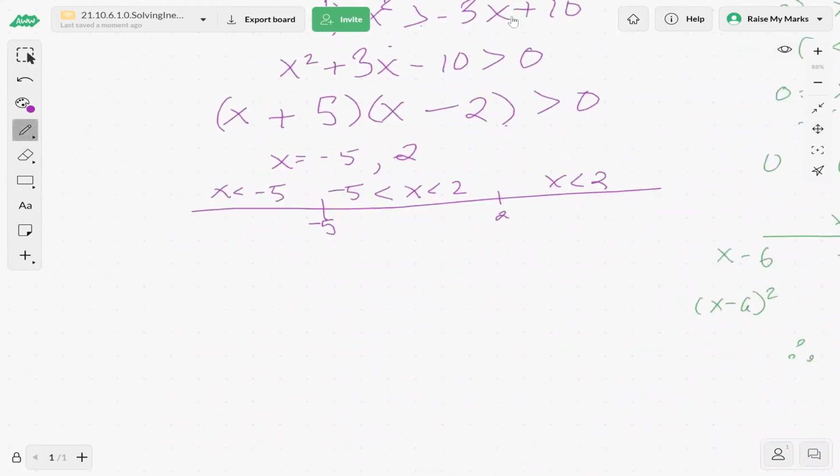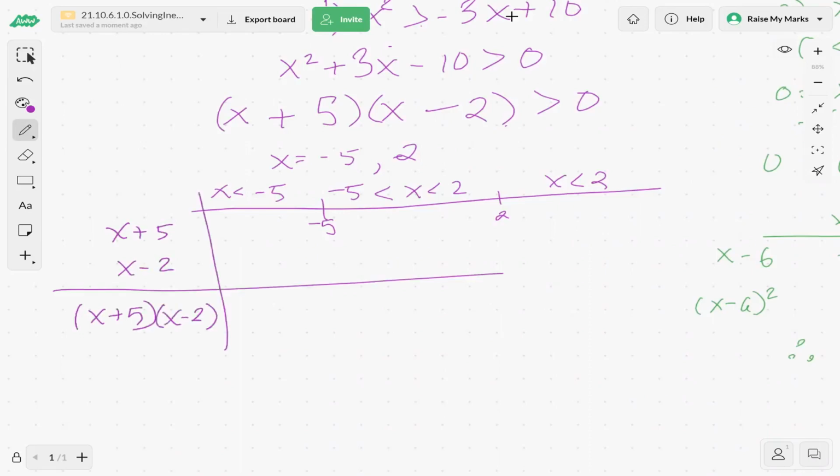Let's consider our factors, x plus 5 and x minus 2, and then the product. And let's see what's happening on the interval. So for the factor x plus 5, we have negative plus plus. For the factor x minus 2, when x is less than negative 5, it's negative.